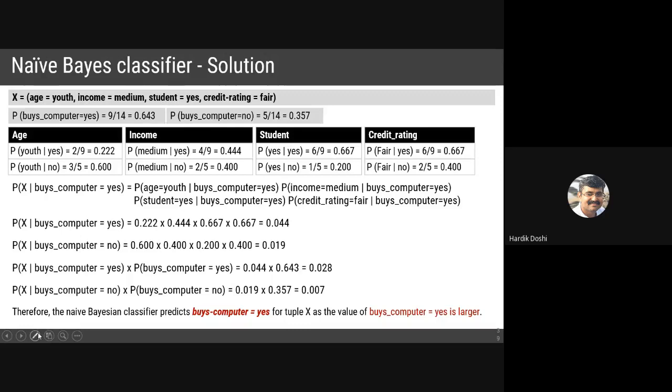If you check out from these two, this value is larger than this. So there is a probability of buying a computer for age youth, with income medium, student yes, and credit rating fair.